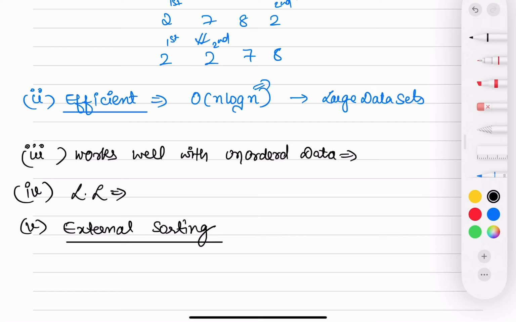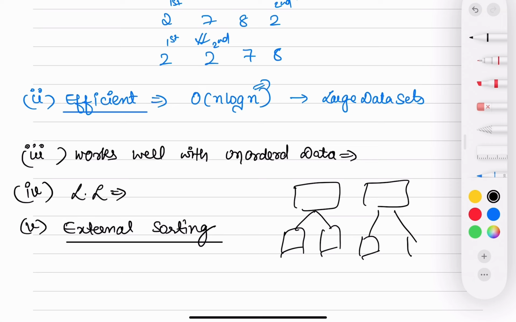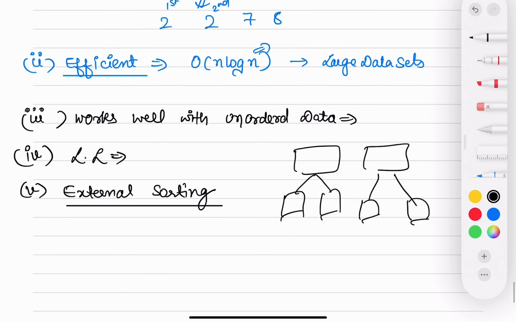That is why, when we talk about external sorting, we talk about efficiently handling disk-based storage. Let me just show you. For example, there are two chunks. Say I have space on my disk for only these two things.